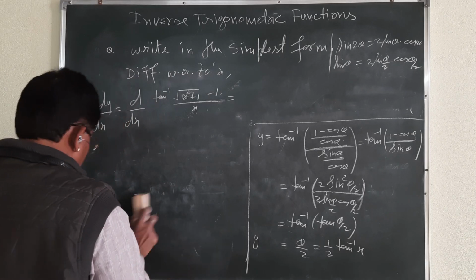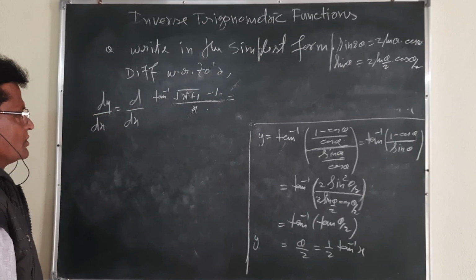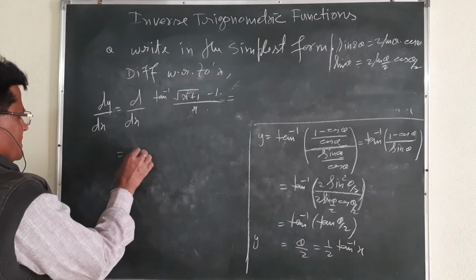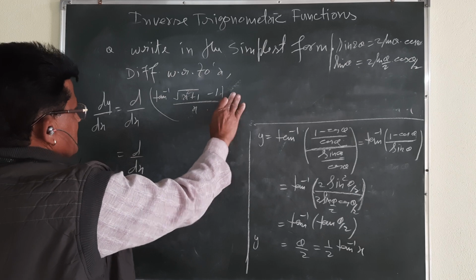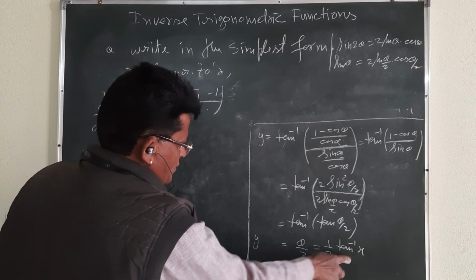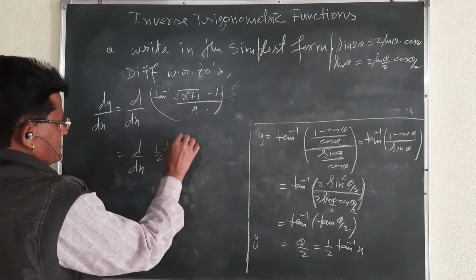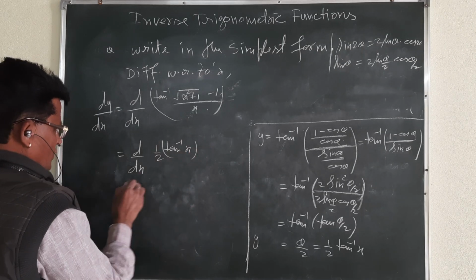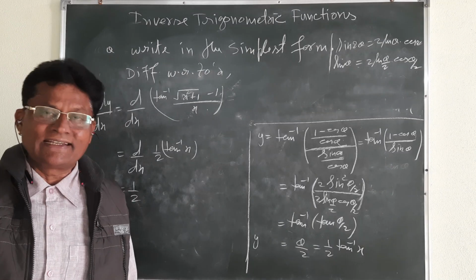See carefully, dear student, I am going to tell you a very important step. The value of this function is 1 upon 2 tan inverse x. And you know what is the differentiation of tan inverse x?